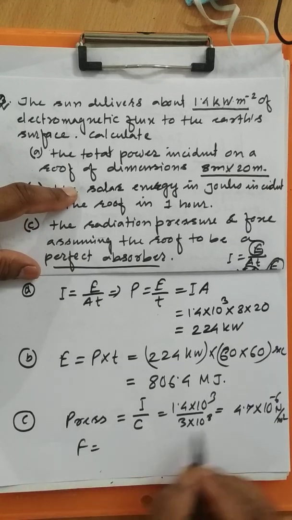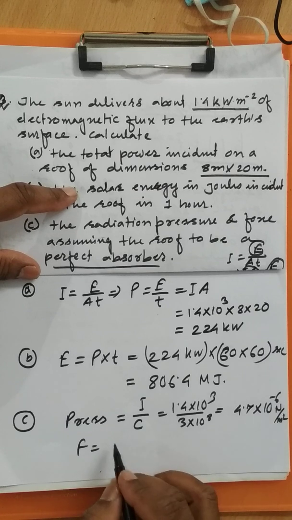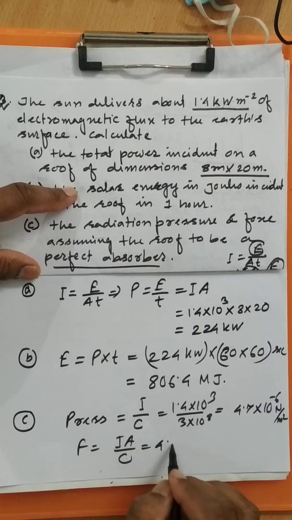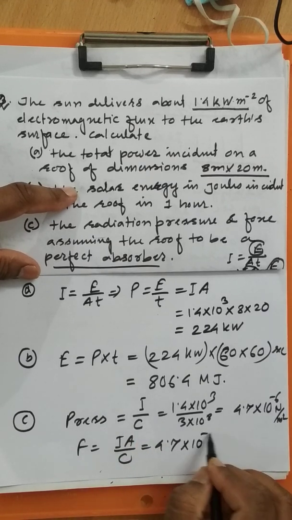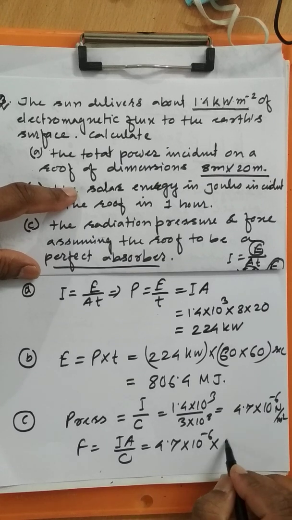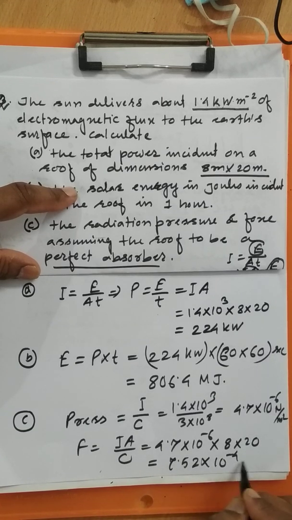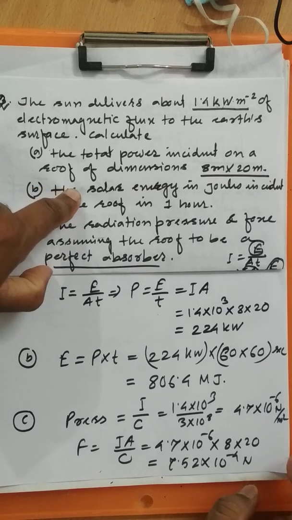Similarly, if you have to find out the force, multiply this pressure by area, or you can write I A by c. You have the value 4.7 into 10 to the power minus 6. Area is how much? 8 multiplied by 20. So this is coming out to be 7.52 into 10 to the power minus 4 Newton.